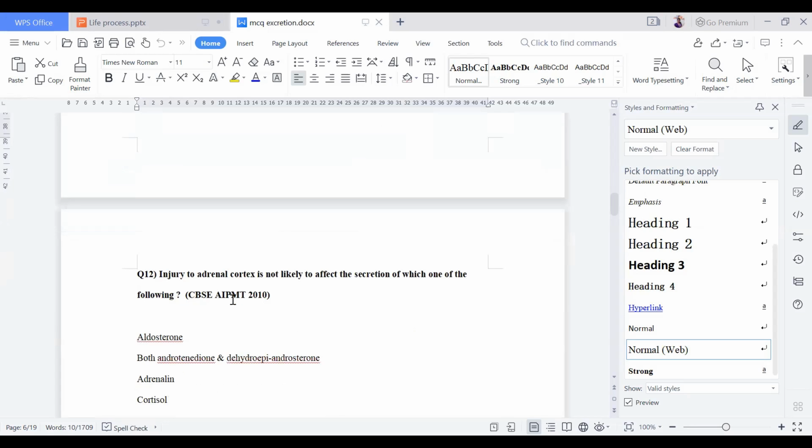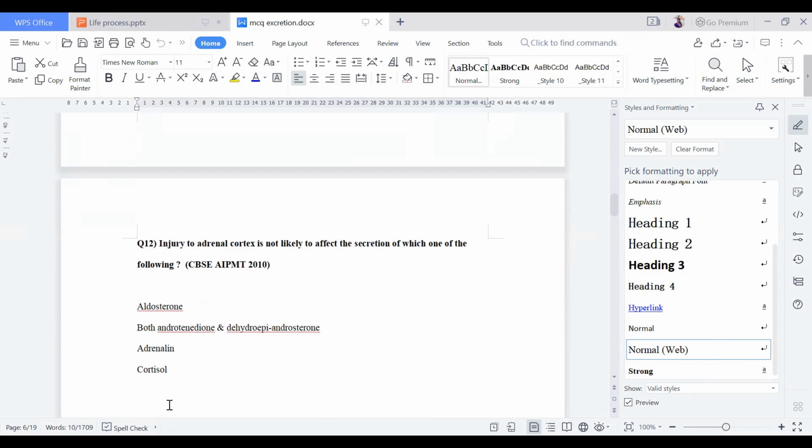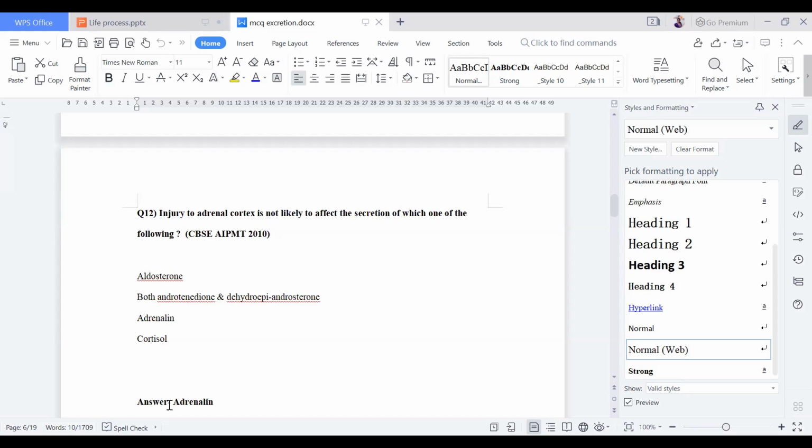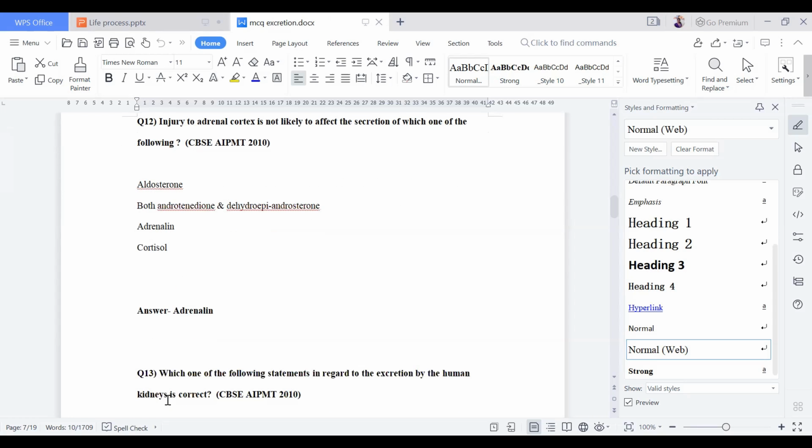D, Cortisol. Okay. So here answer is adrenaline. If injury to adrenal cortex occurs, it will not affect the secretion of adrenaline.